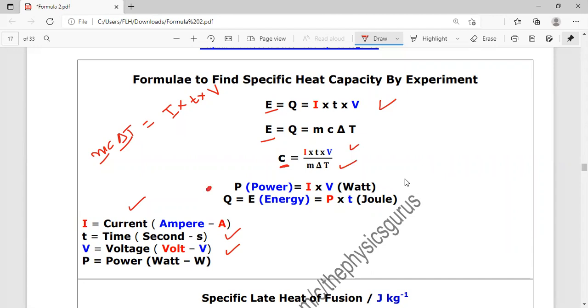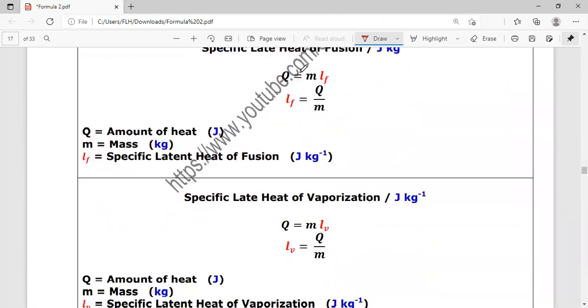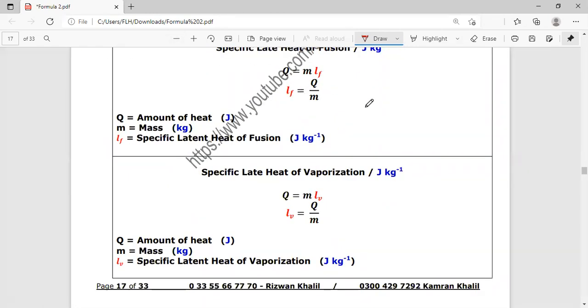Another formula which can be used in these questions, that is P is equal to I into V, where P stands for electric power and it is measured in watts, and Q is equal to P into T. Then formula of specific latent heat of fusion and specific latent heat of vaporization.